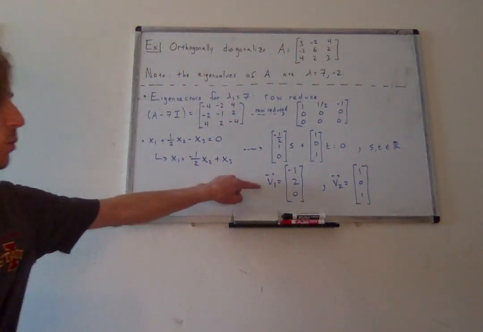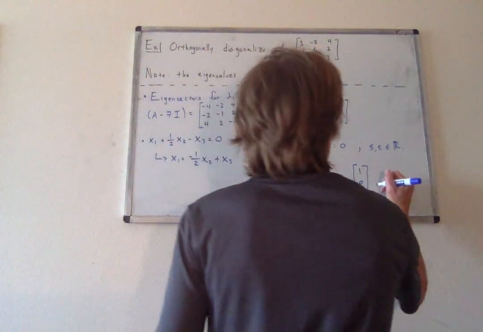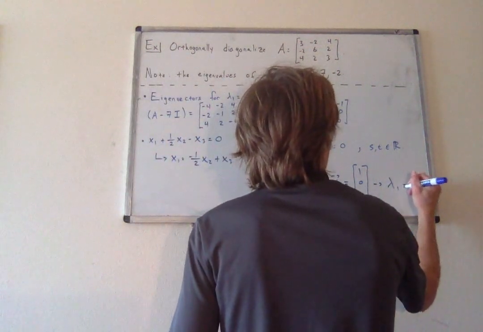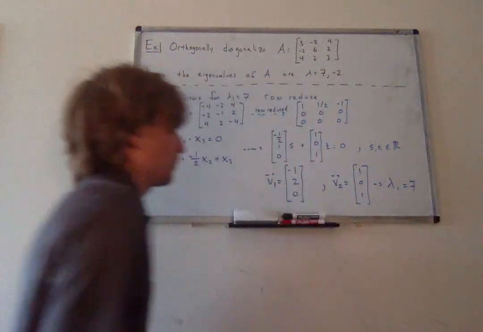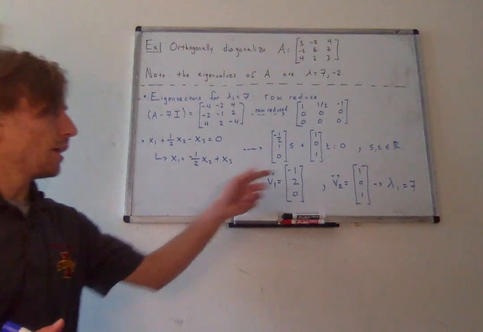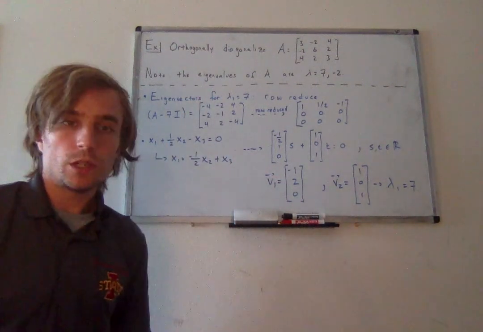So here, v1 and v2 are both eigenvectors of A corresponding to lambda 1 equals 7. Notice they're linearly independent.